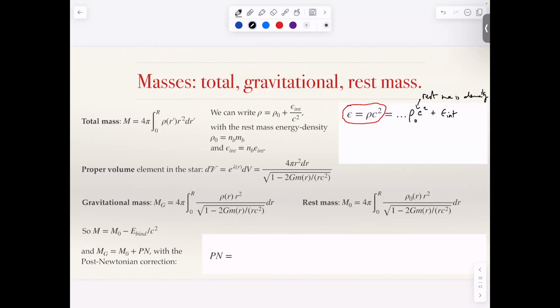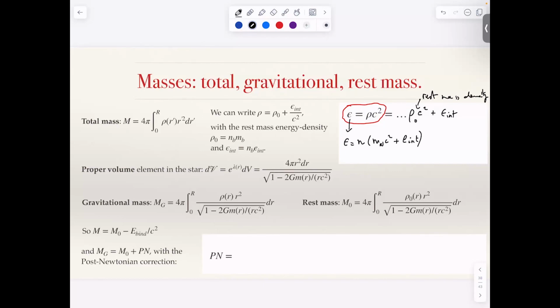And if you remember also, epsilon zero is the particle density times, if you have only nucleons, m_n c square, plus the internal energy. Now I use Latin letters, which means that it is energy per particle.